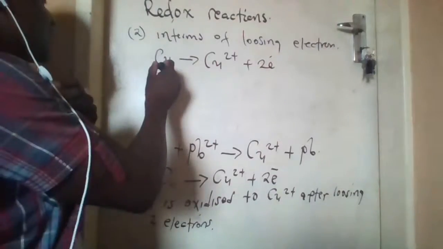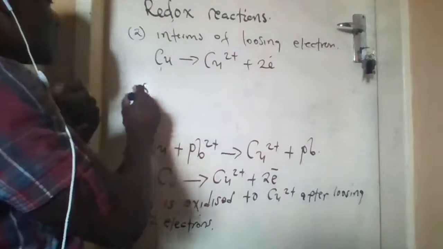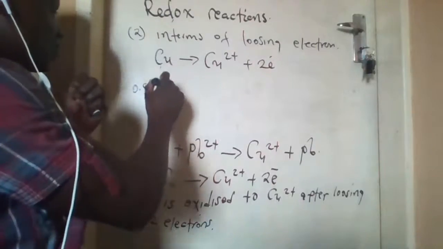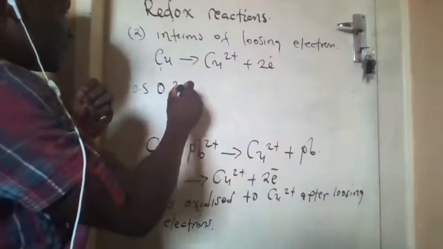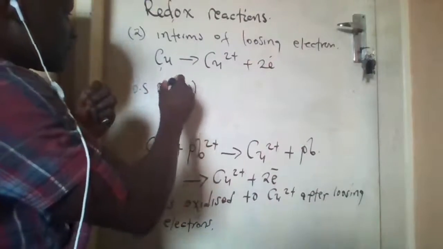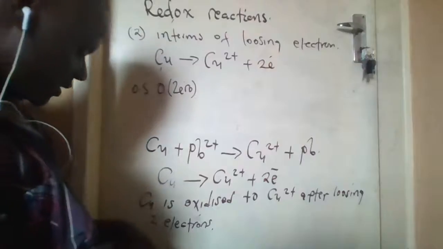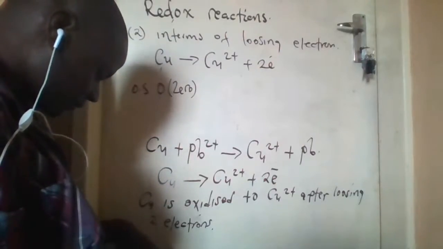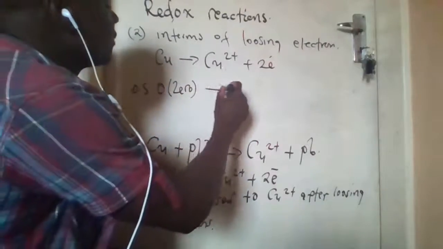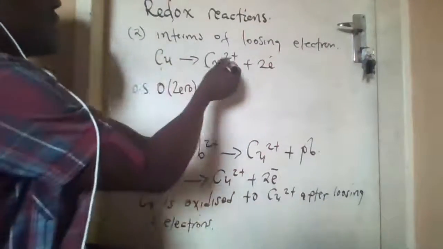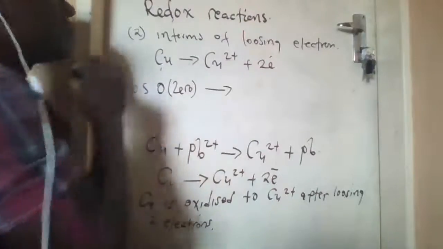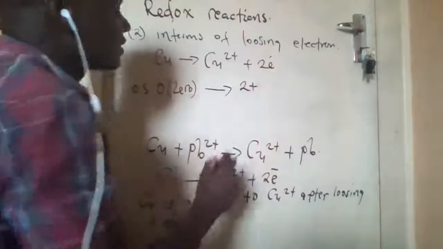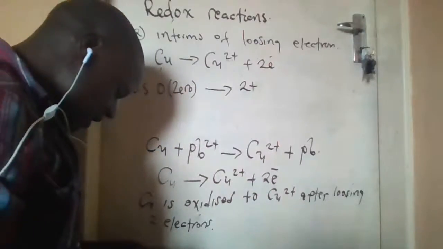The oxidation state, OS, not operating system, on copper here is 0. And then when this reaction happened, what is the charge on the copper here? The charge is 2 plus.